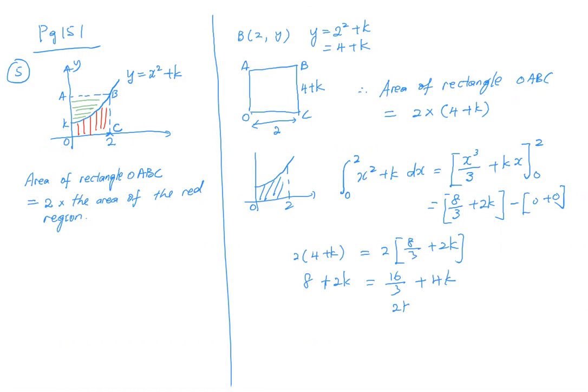So 2k equals 24 minus 16, 8 over 3. So K is equal to 4 over 3. Is it 4 over 3? Yeah, 4 over 3. So I'm right.